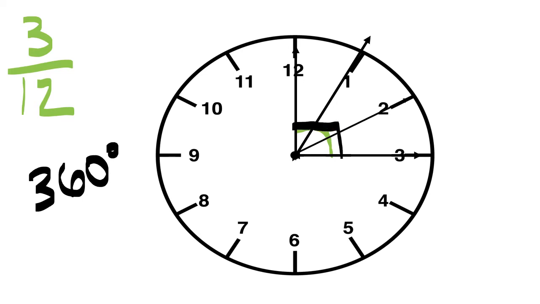And this is 1/4 of the entire circle. So what is 1/4 of 360? Well, you probably see that this is a 90-degree angle.